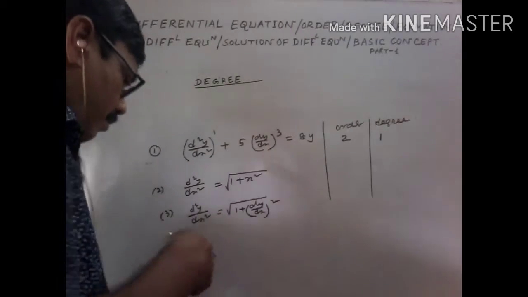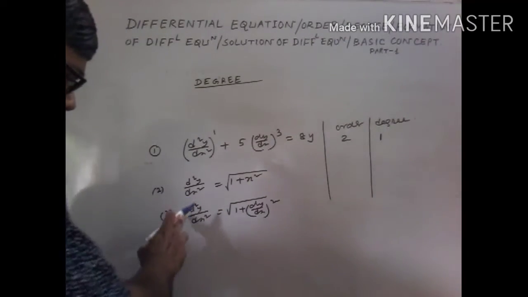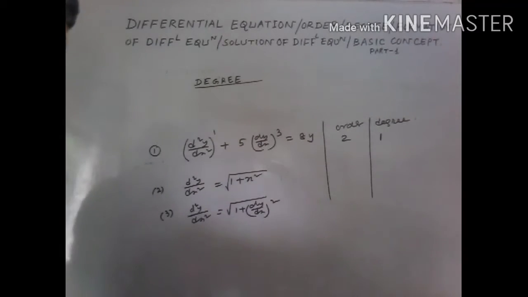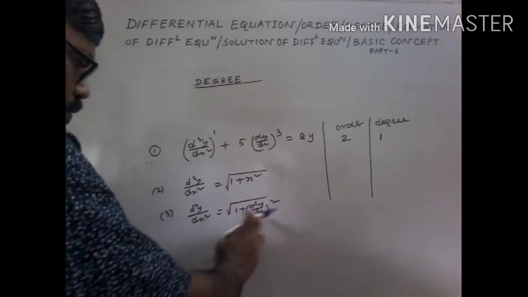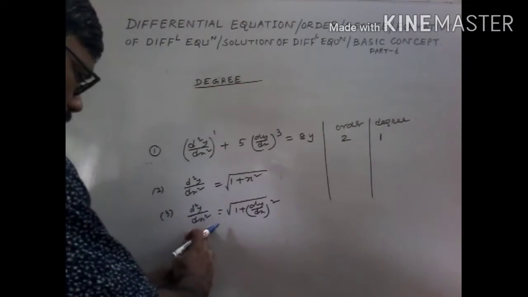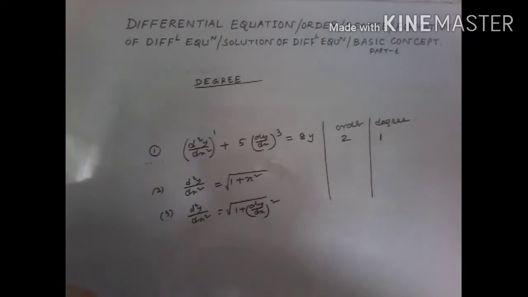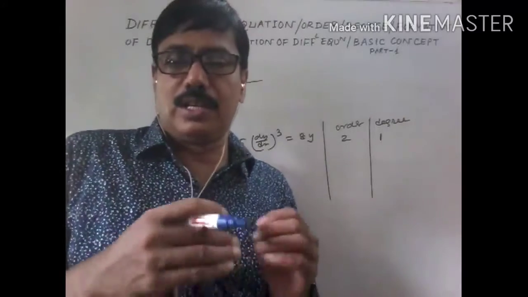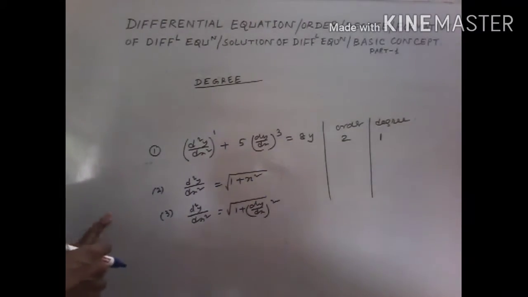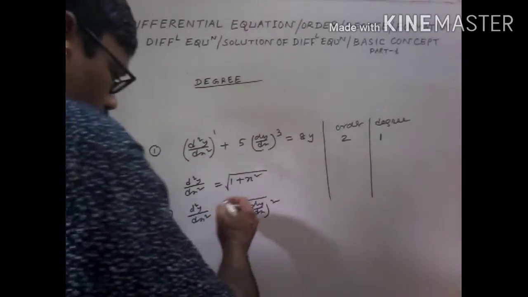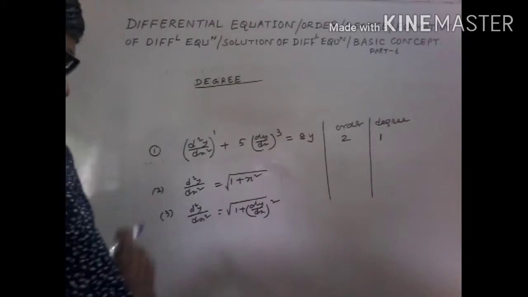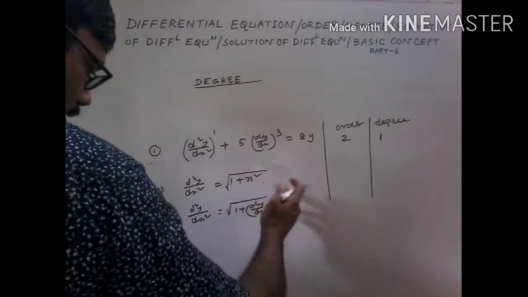Now look, problem number 3: d2y dx2 equals root over this. So the highest order derivative is here. What is the degree? 1. But here there is one restriction. For degree, you remove radical parts or fractional parts in the derivative.